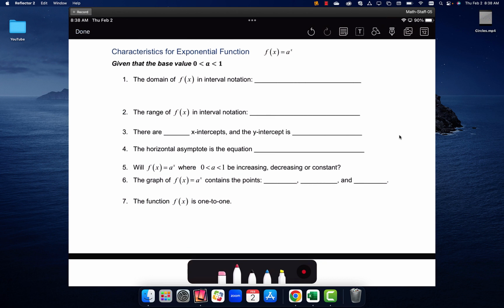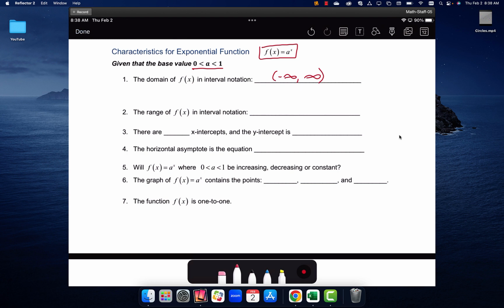In this next example, we're still looking at f of x equals a to the x, just a generic graph, but this time our base is between 0 and 1. It's a fraction. So when we're answering these questions, think about the second graph we looked at. The domain, all real numbers.